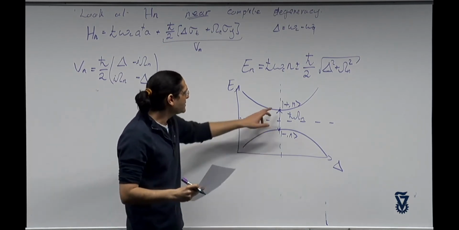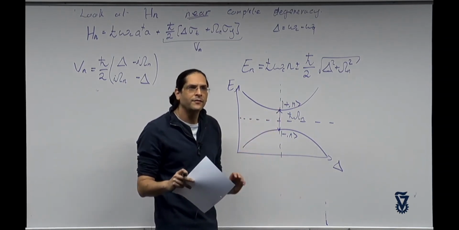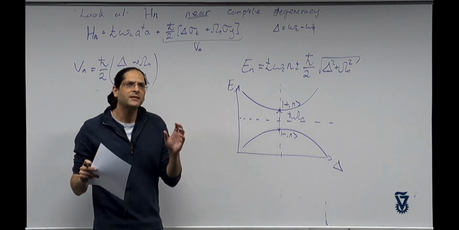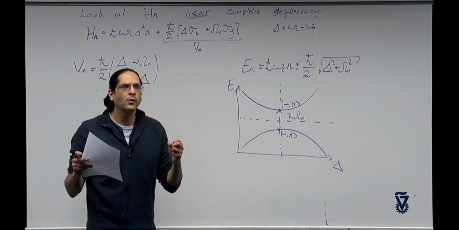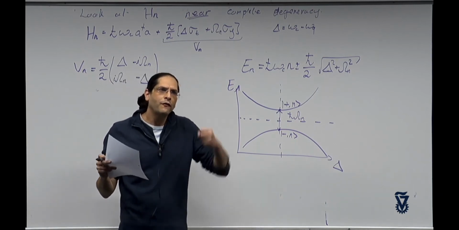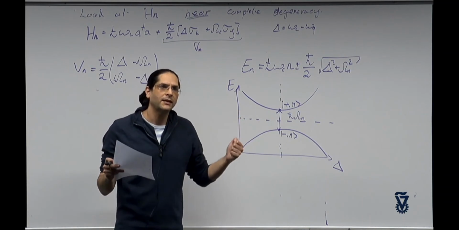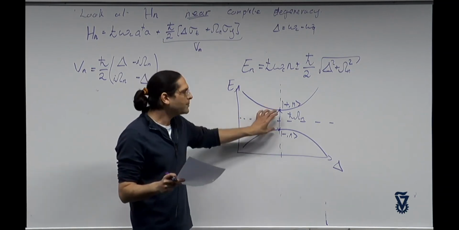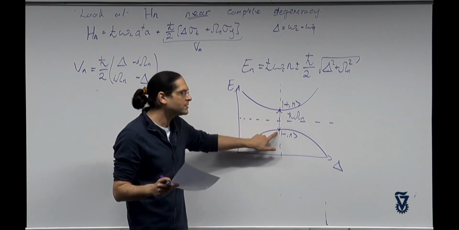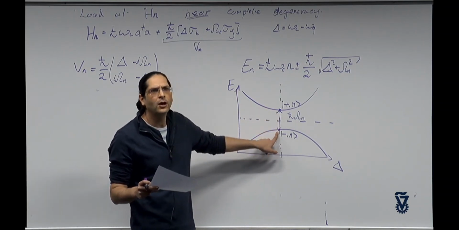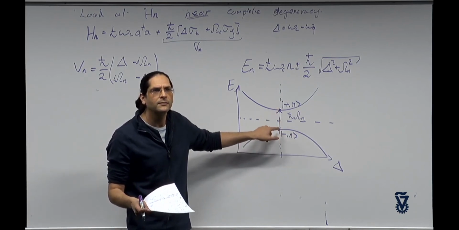But now we have these new eigenenergies, and they now have a mixed character. Okay, you can no longer think about them as a photon excitation or an atom excitation. These are now hybrid states. They're hybridized, and exactly in degeneracy they have 50% photon character and 50% atomic character, each of these states.